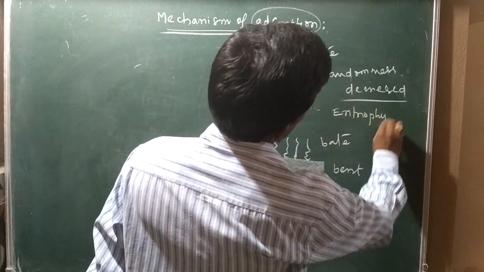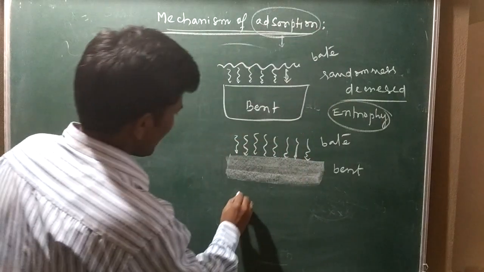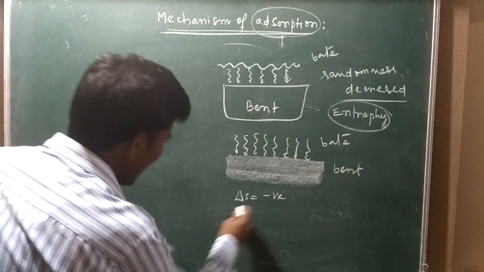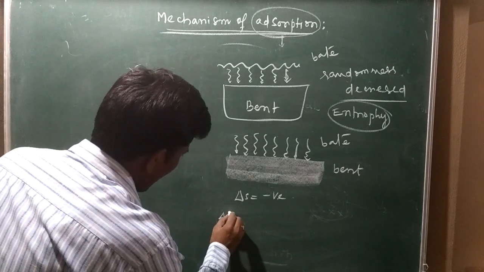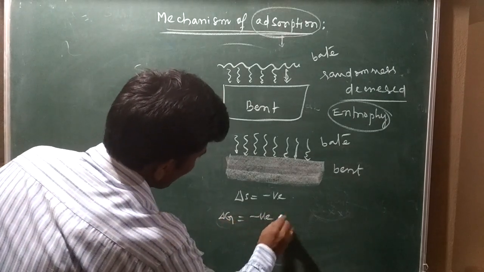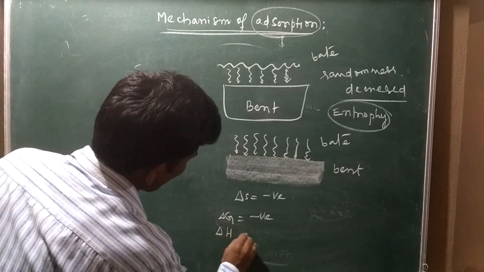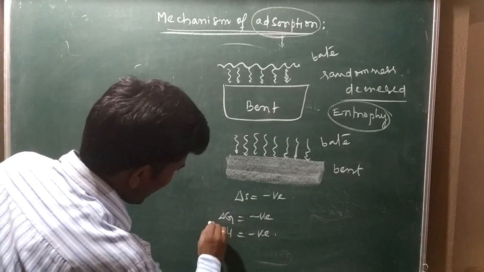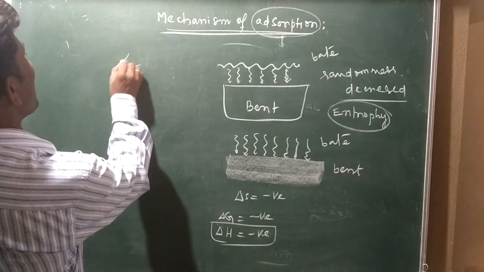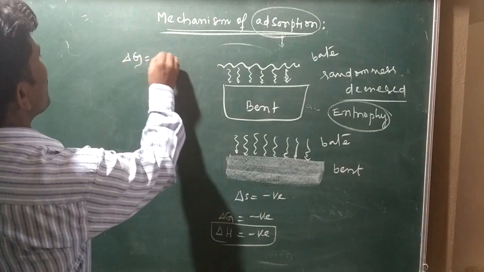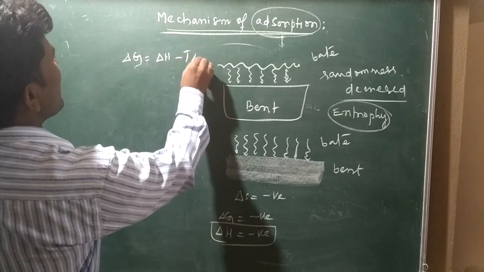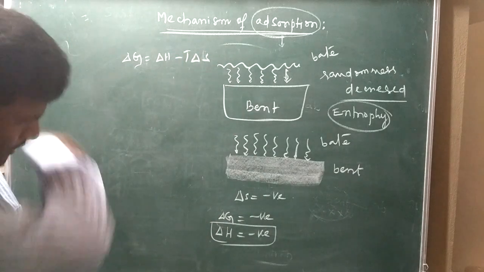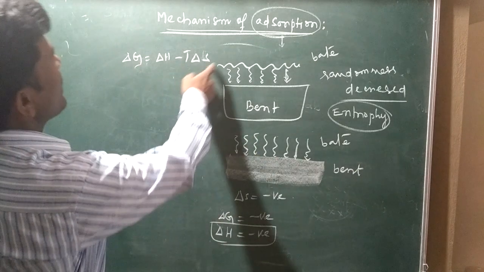So if entropy decreases, then delta S is negative. When delta S is negative, delta G is also negative, and delta H is also negative. Delta G is equal to delta H minus T delta S. If delta S is negative, this term is negative.